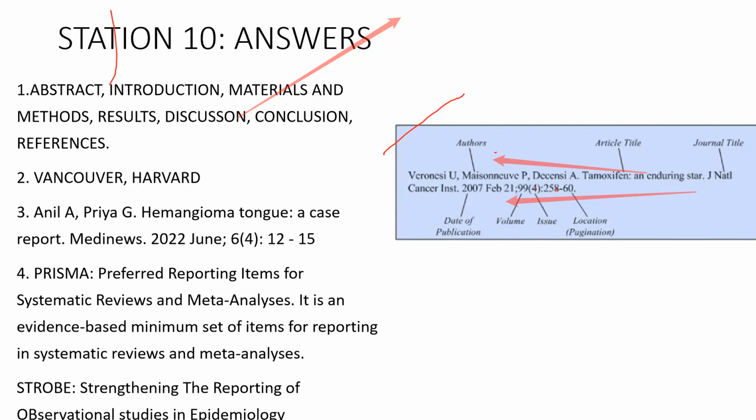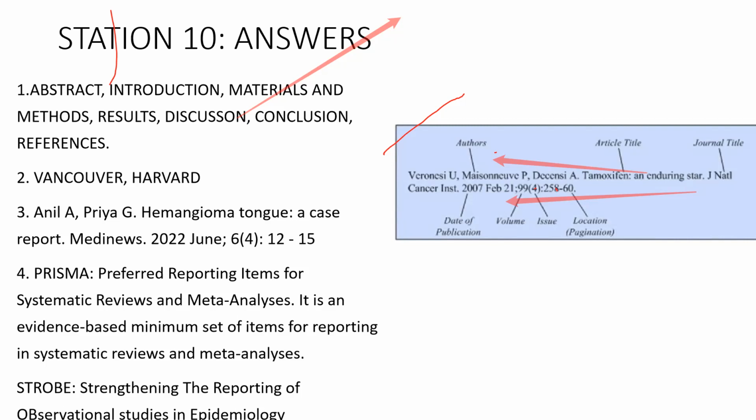And the fourth one was, what is PRISMA? PRISMA is Preferred Reporting Items for Systematic Reviews and Meta-Analyses. In a systematic review and meta-analysis, you are collecting certain articles based on your key question. So if you want to know what is the prognosis of early tongue carcinomas, you collect all the early tongue carcinoma related articles and the prognosis, and then you review and analyze the data.